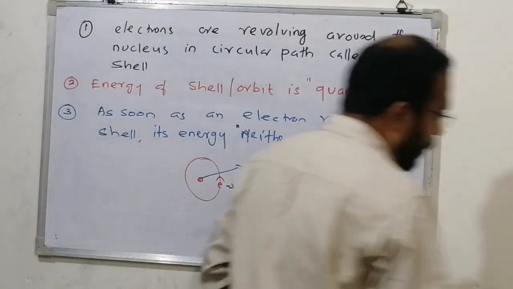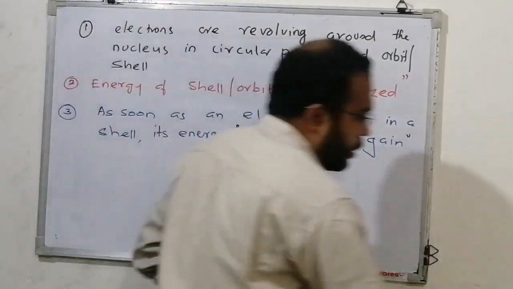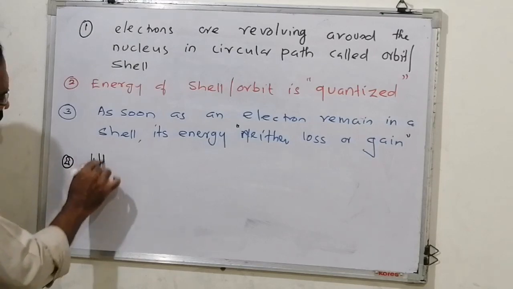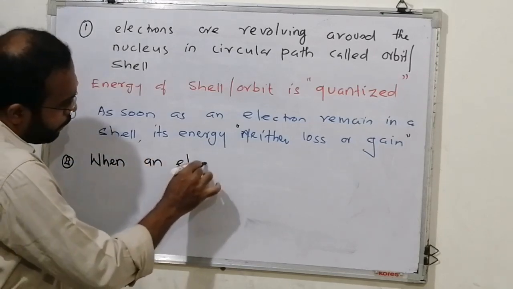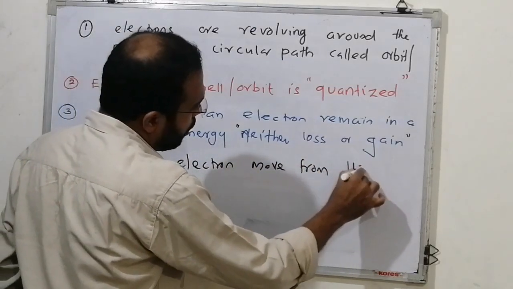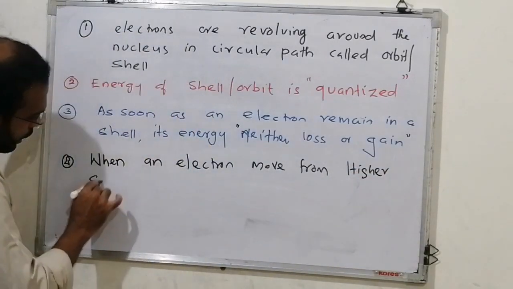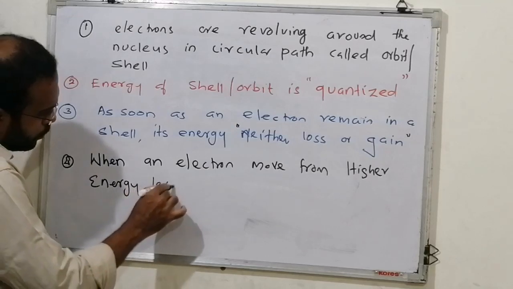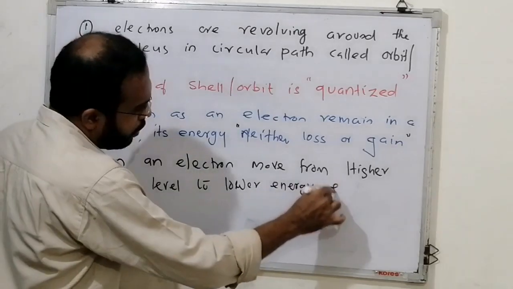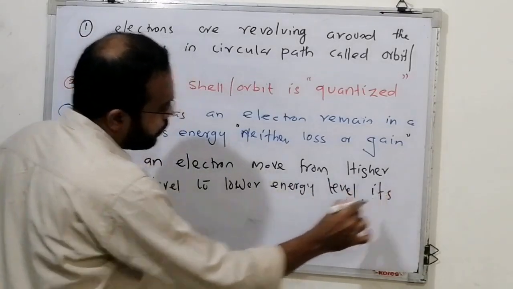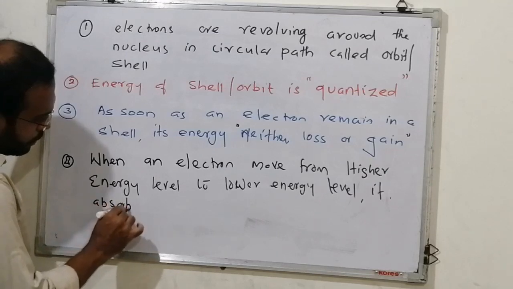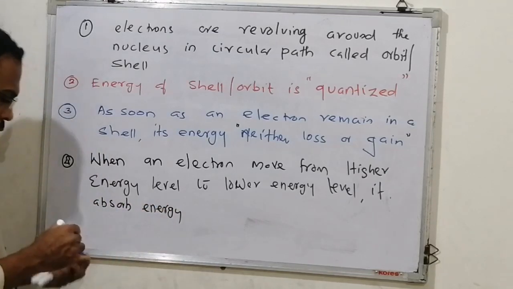Now, the fourth statement is, when an electron moves from a lower energy level to a higher energy level, it absorbs energy.